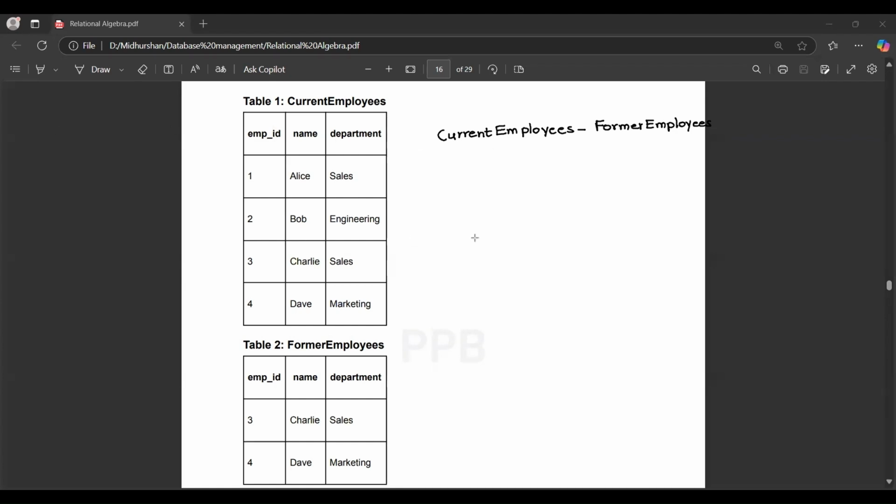What are those 2 tuples? Alice sales and Bob engineering, which remain in the current employees relation. So the output will be this specific area.